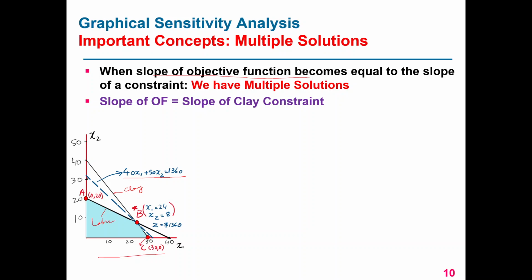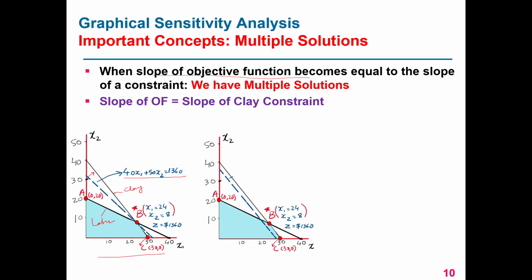Now if somehow I change the slope of this objective function and rotate this line towards the clay constraint so that its slope first becomes parallel to the clay constraint, you can see now that the clay constraint and this objective function line have become parallel.